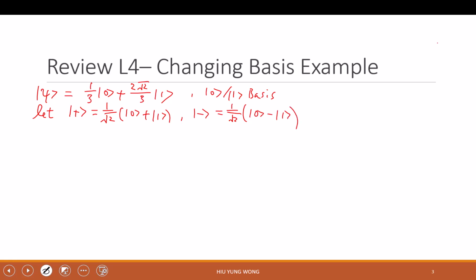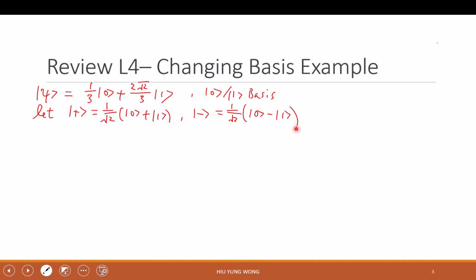We still have not started talking about the real qubit or something closer to quantum computing, but this plus minus basis, plus and minus, turns out to be something we call the Hadamard basis, right? And it is a superposition of 0 and 1 in this way. Now this is just given, right?